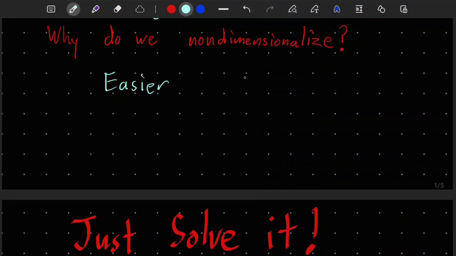If things just vary from 0 to 1, they will always just vary 0 to 1, and then you can go back to whatever the solution is from your non-dimensionalization. And the other reason we do that is because it can apply to other problems.